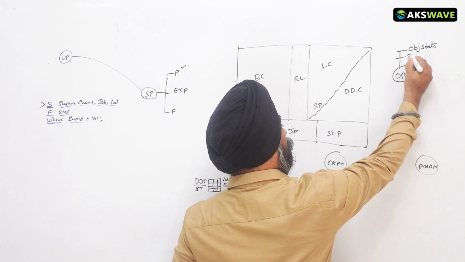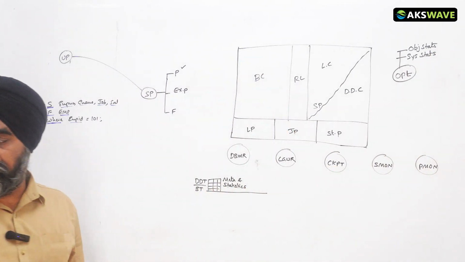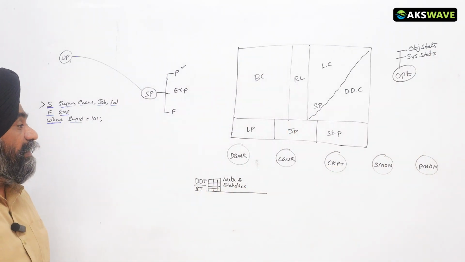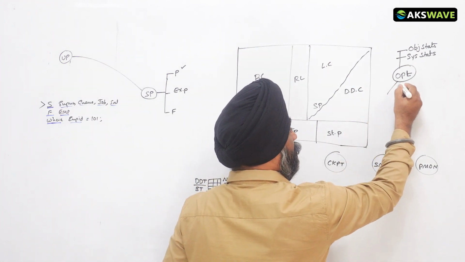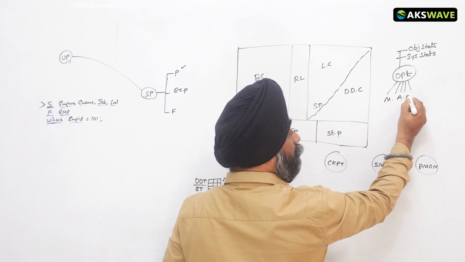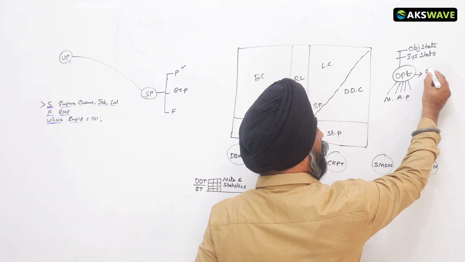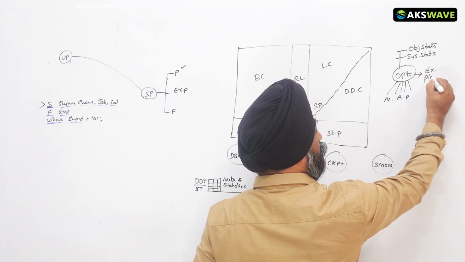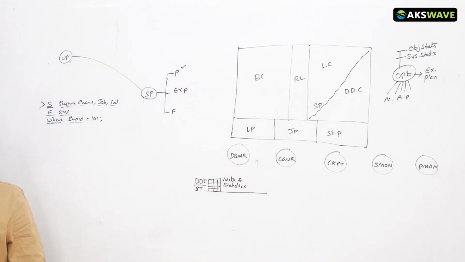Then the optimizer will come up with multiple access paths, out of which one is selected as the execution plan based on cost. Just trying to refresh.